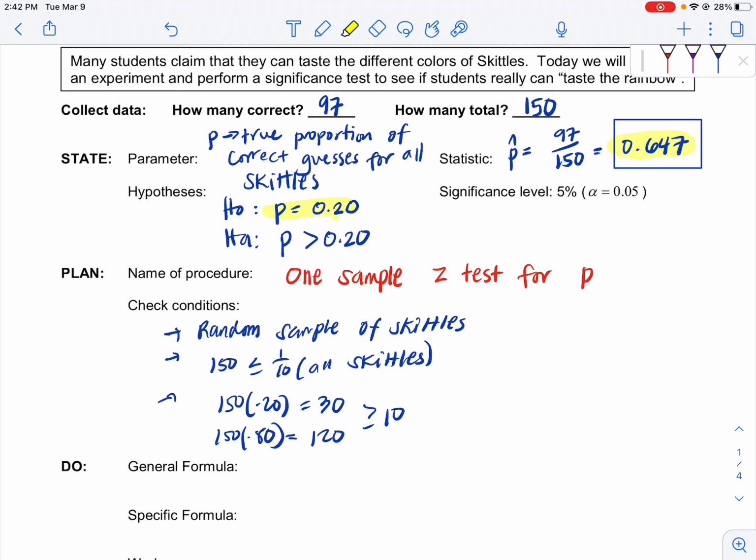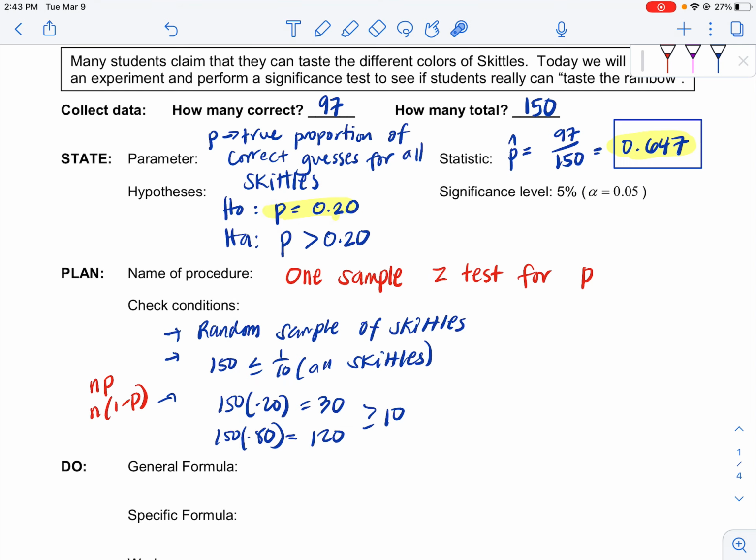We use the p, we use the null. The formula is n times p and n times 1 minus p, not n times p hat. You don't do 150 times 0.647. You multiply the null by 150.